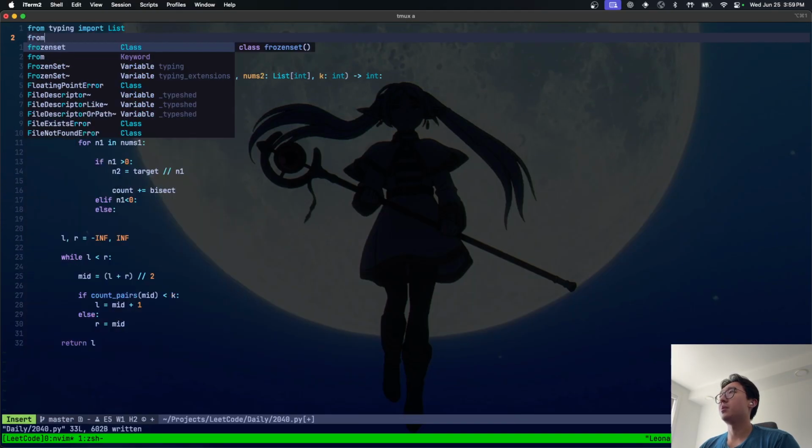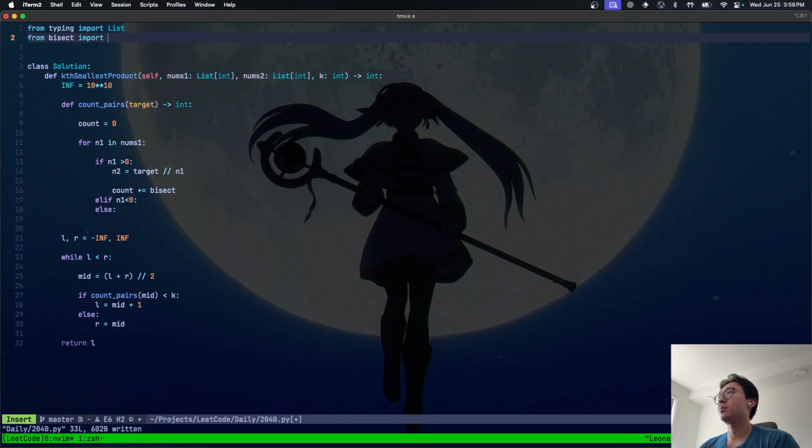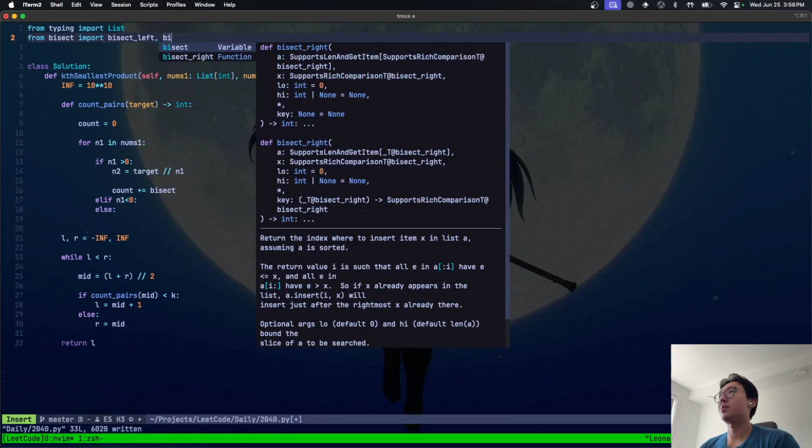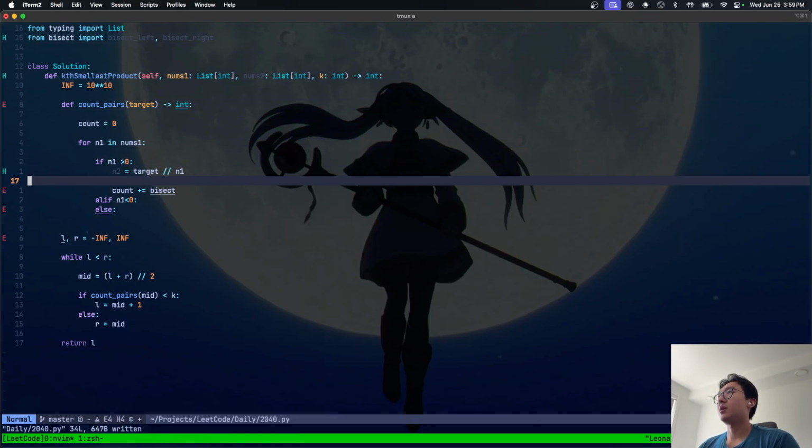Oh, from bisect import bisect_left, bisect_right. Yep, I think I can just do that.